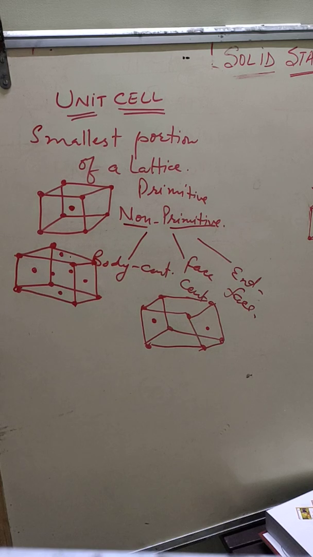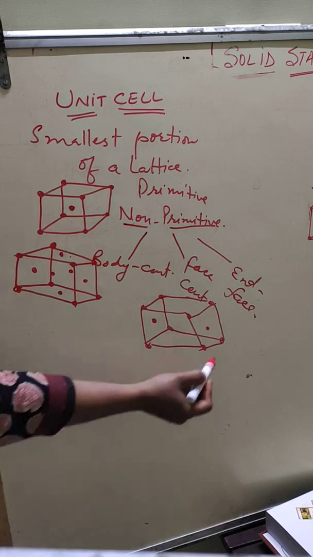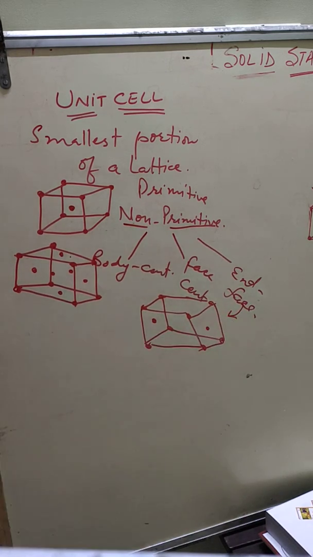Body centered means the center of the unit cell as well as the corners. Face centered means the corners as well as the center of each face. And end-face centered means the particles are present at the corners as well as the center of any two opposite faces of the unit cell.